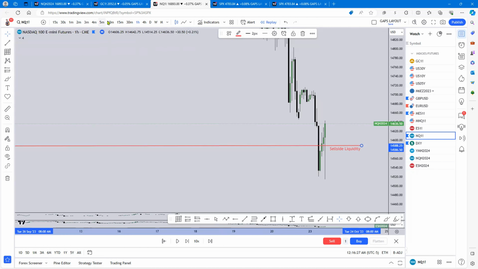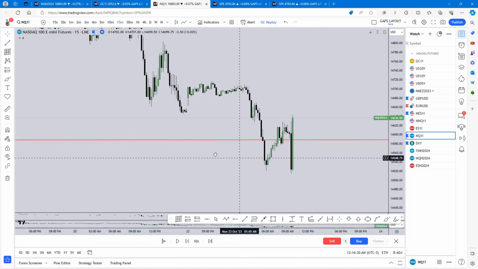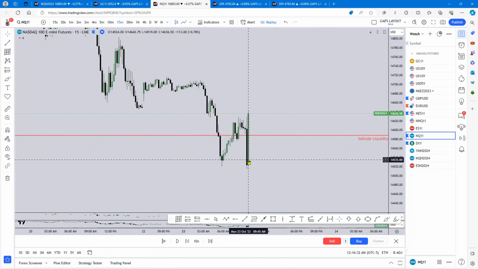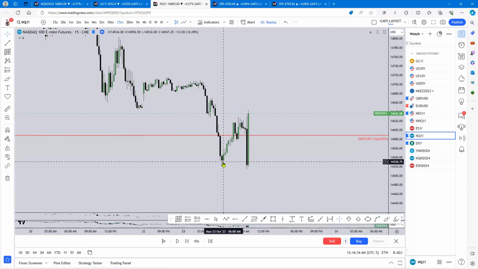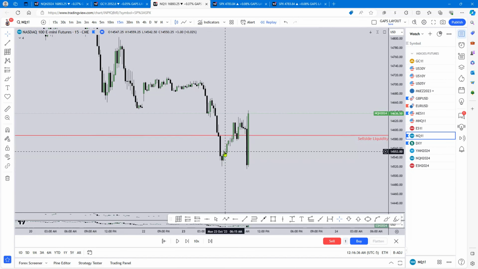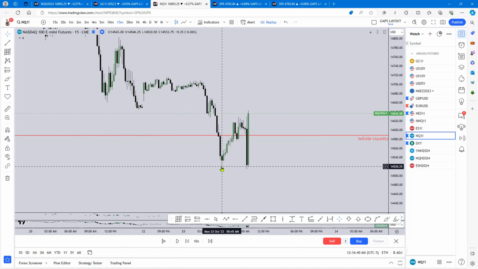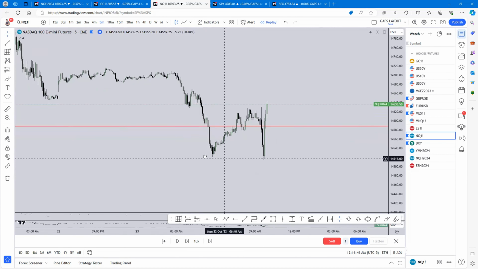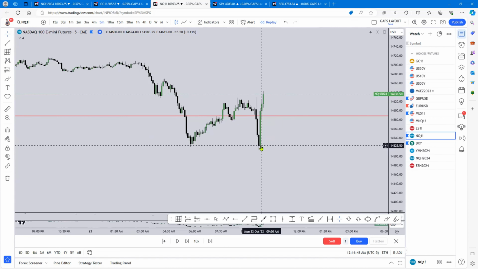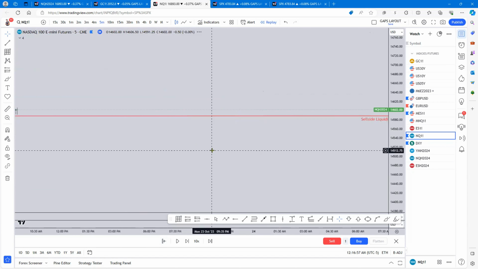We'll drop down to a 15-minute in here. You see sell side taken here. And then one more time, we take this low at the 9:30 open. We'll come to 9:30.